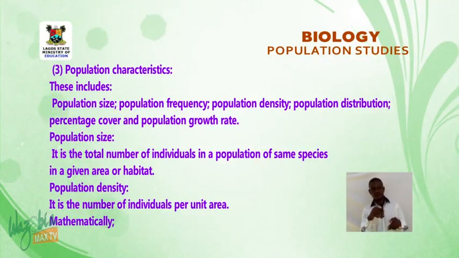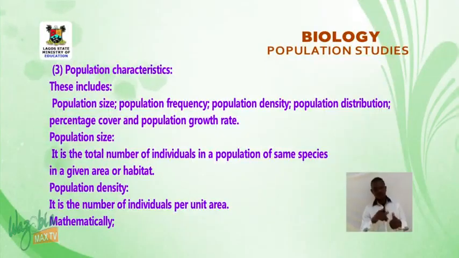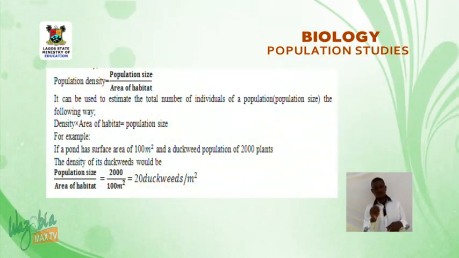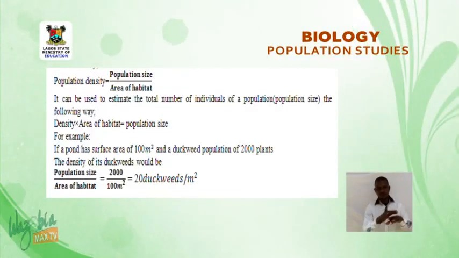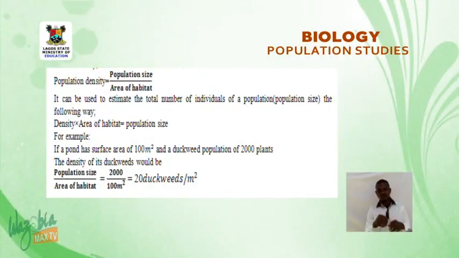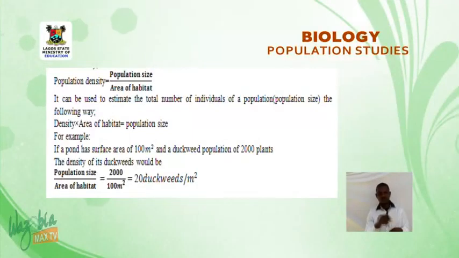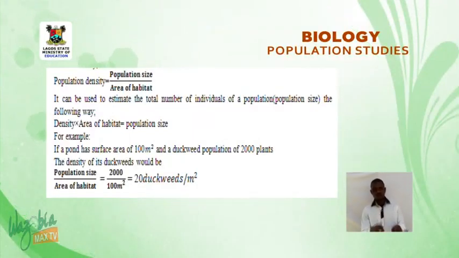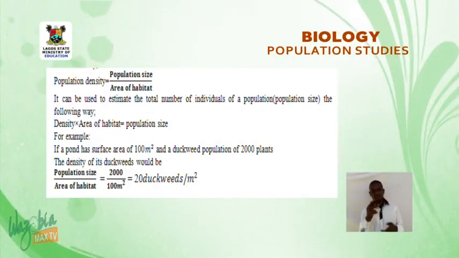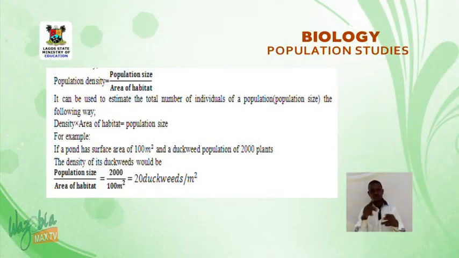It is the number of individuals per unit area. Mathematically, population density equals population size over area of habitat. It can be used to estimate the total number of individuals of a population size the following way: density times area of habitat equals population size.